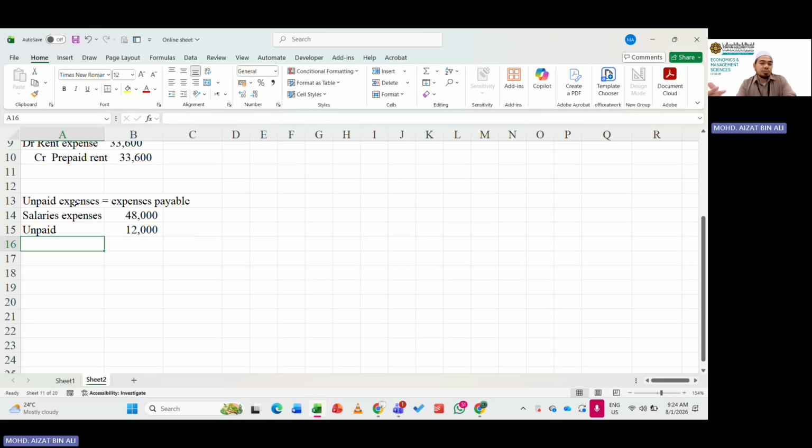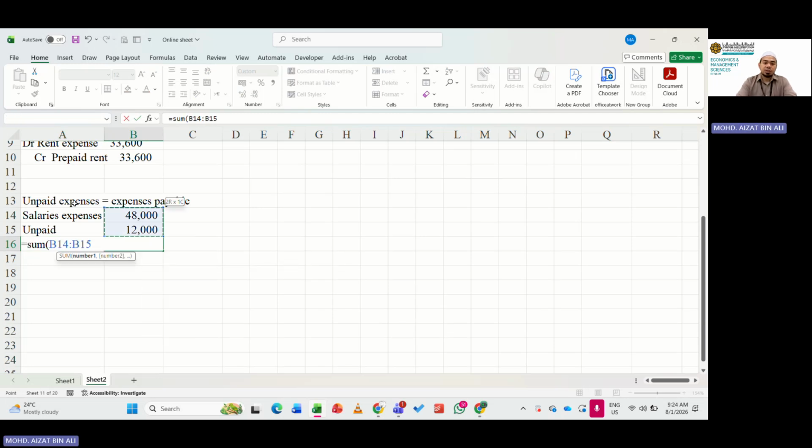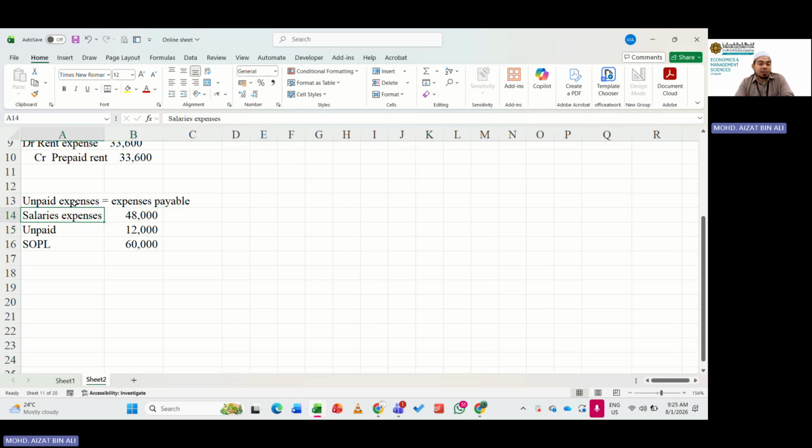So the amount that we're supposed to pay per year is actually 60,000 ringgit in total. You see? Now we need to add this to the salaries expense. Salary expenses is an expenses account, so when we want to add to the account, it should be debited.